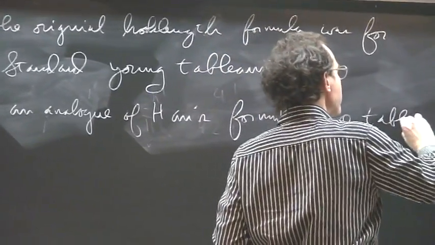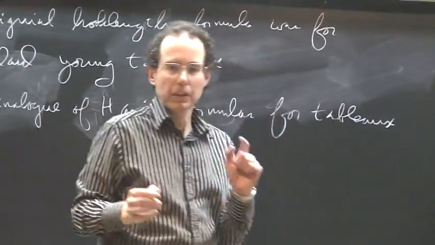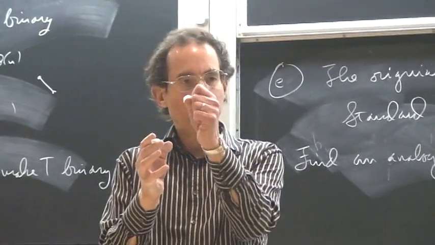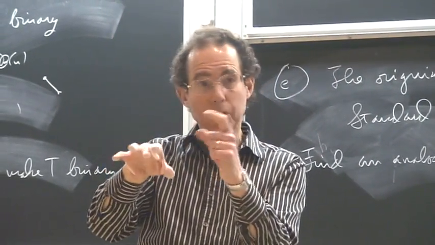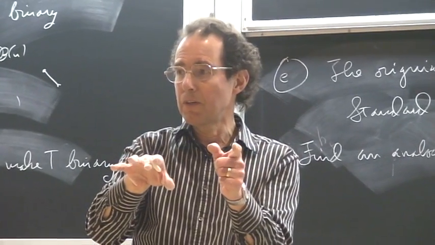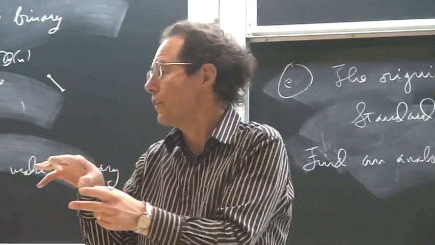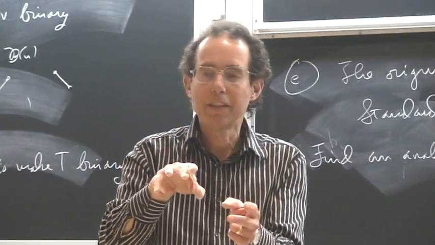So what I mean by that is you're going to want some sum over tableaux, the product of 1 over the hook lengths, which we already know what they are for these tableaux, and then some expression that involves, oh, I forgot to say this way back at the beginning.